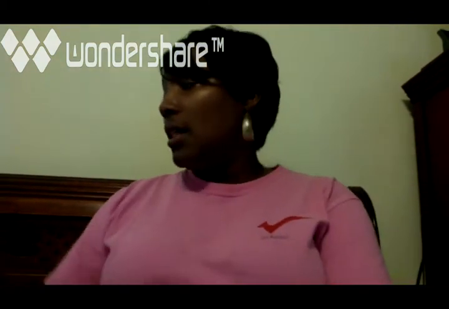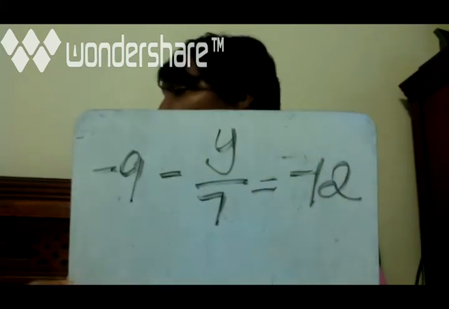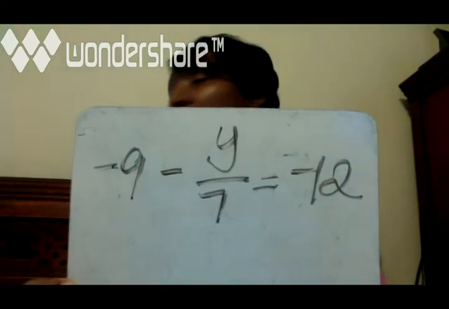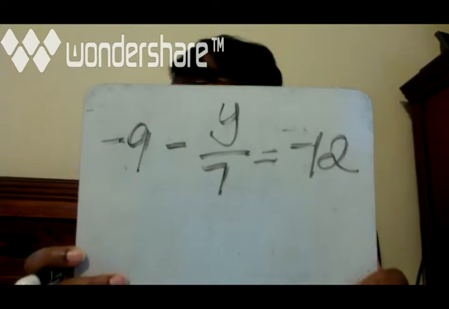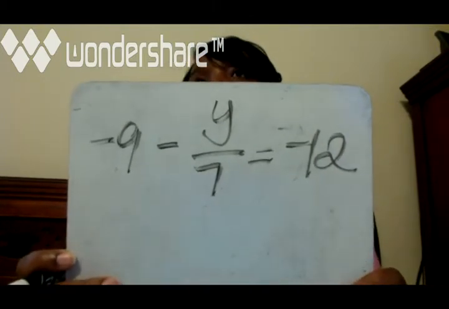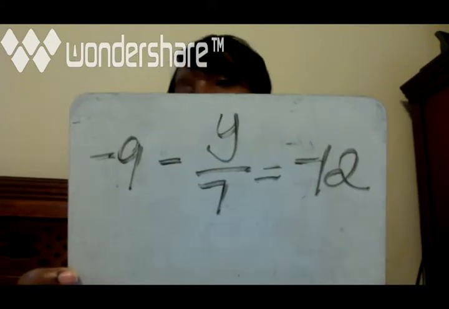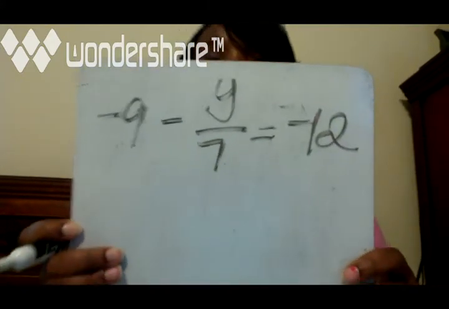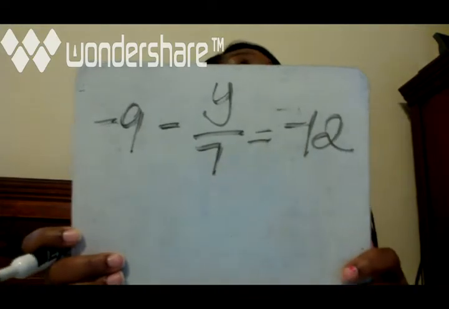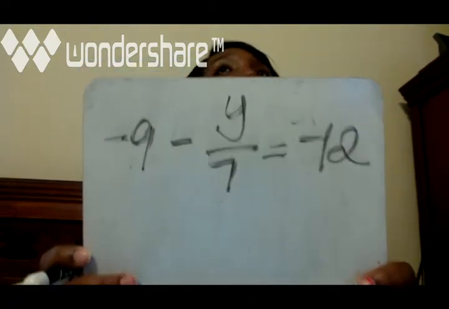Remember you can pause these videos anytime if I'm going too fast. All right, let's do another example. This example is negative 9 minus y divided by 7 equals negative 12. Look at the side with the variable. We're going to have to add 9 to both sides.